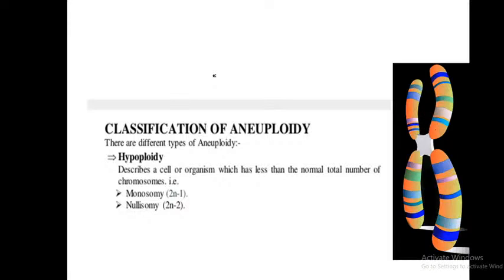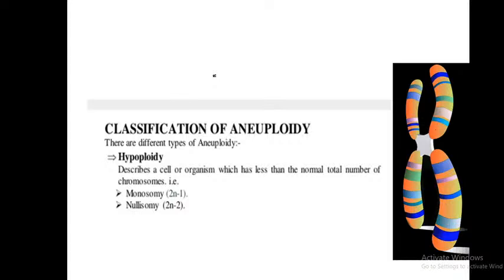Hypo means less than, hypo means less. So hypoploidy is the first type of aneuploidy. Hypoploidy means one or two chromosomes fewer than the normal chromosome number.